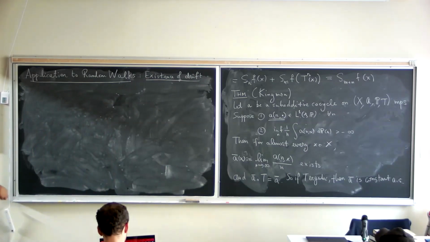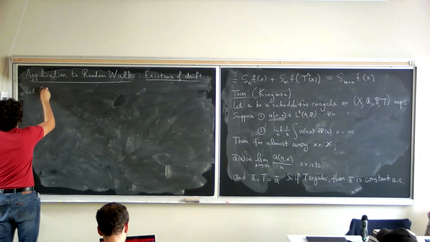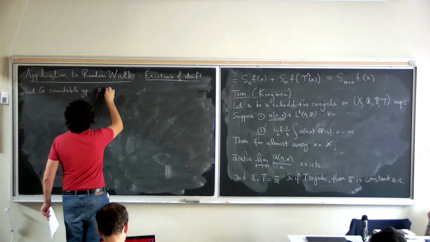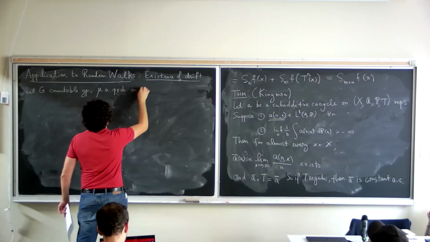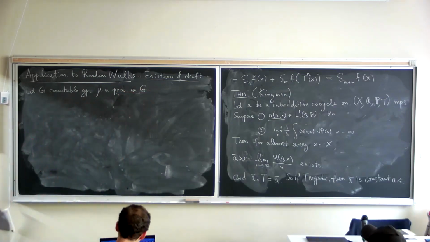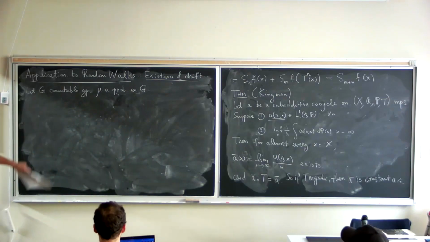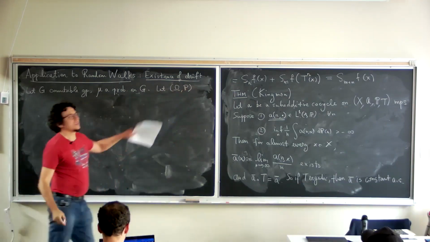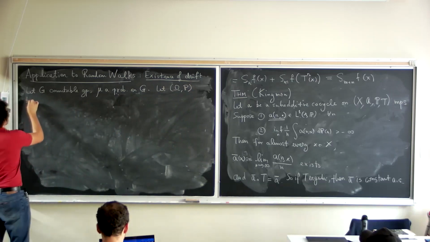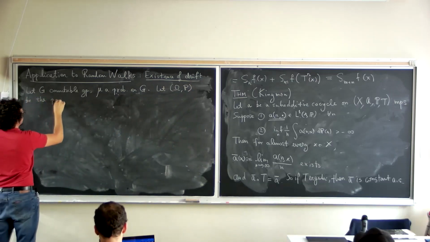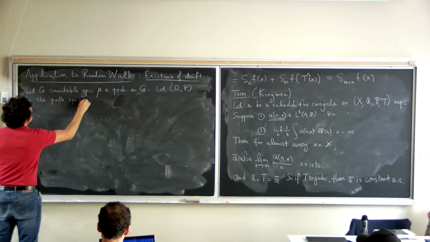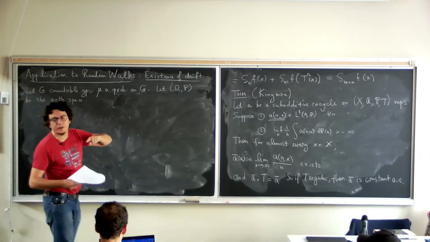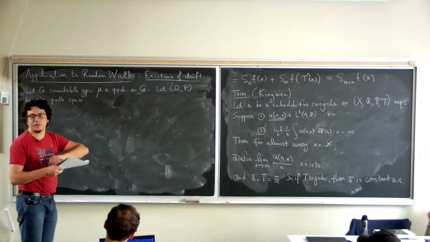And so what is the setup here? Well, let's take G a countable group, and mu a probability measure on G. And then once we have that, we can consider (Omega, P), the path space that we defined earlier, meaning that the elements of Omega are sequences w_1, w_2, w_3, ... that represent the locations of the random walk.